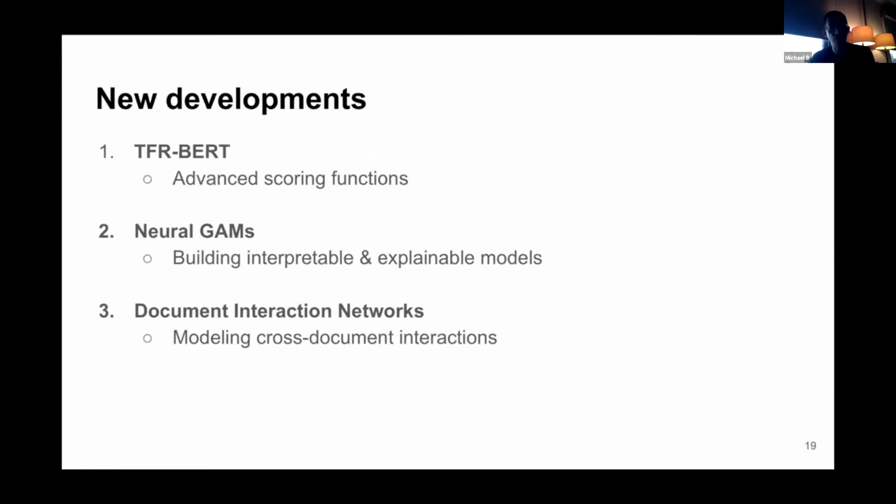The last 3 things I'm going to talk about are TFR-BERT, these advanced scoring functions based on transformer architectures that have been very powerful; Neural GAMs, which is a neural version of generalized additive models for building interpretable and explainable models; and the last one is document interaction networks, which allow for modeling cross-document interactions in your ranked lists. And as I'm speaking right now, 1 and 2 should be fully open sourced, and I think 3 is something we're working on. So you can make use of these things today or in the very near future.